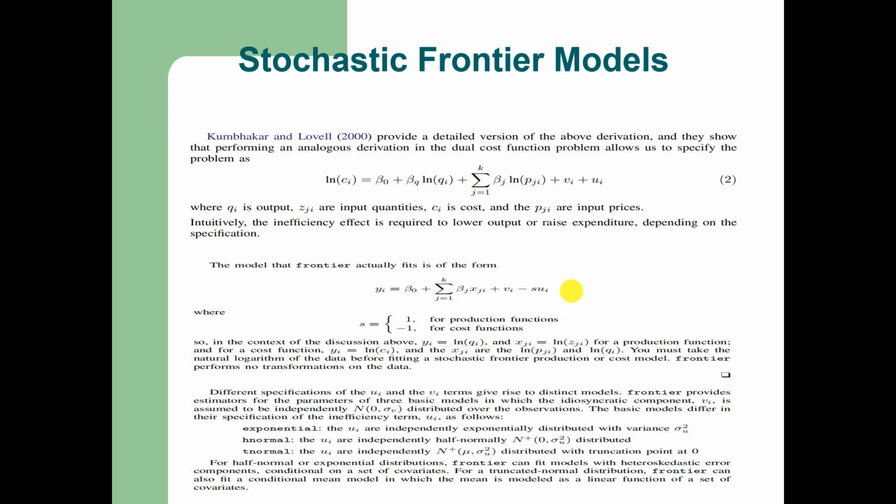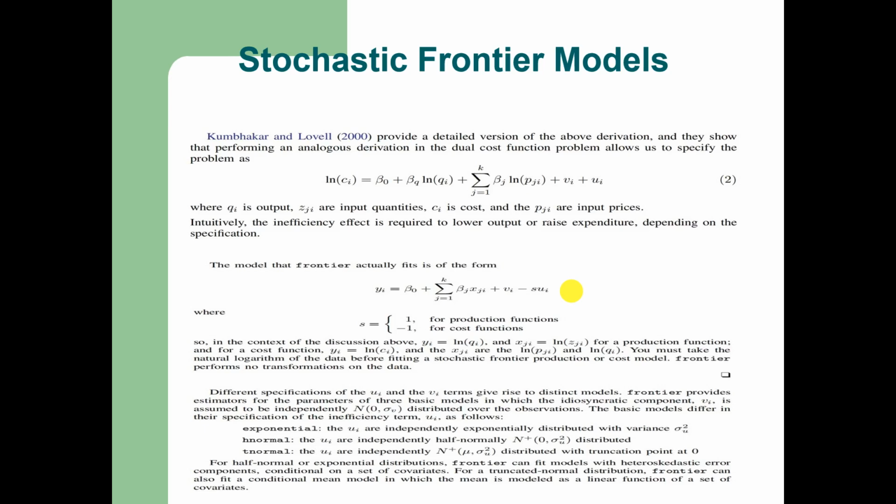The ui may also be half normally distributed with zero mean and variance sigma square u, or ui are independently normally distributed with the constant mean mu and variance sigma square u with the truncation point at 0.